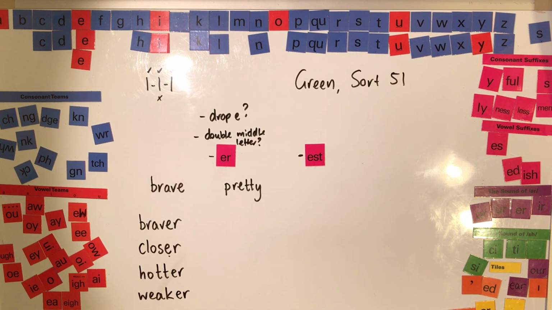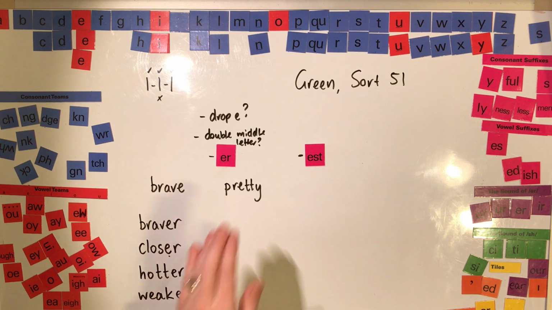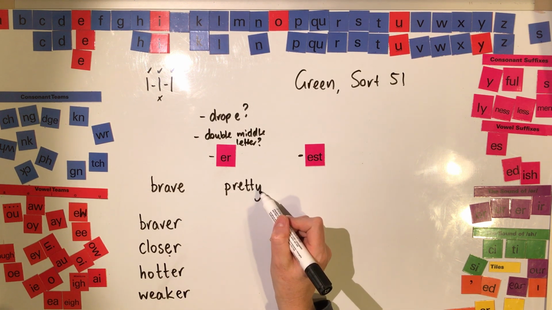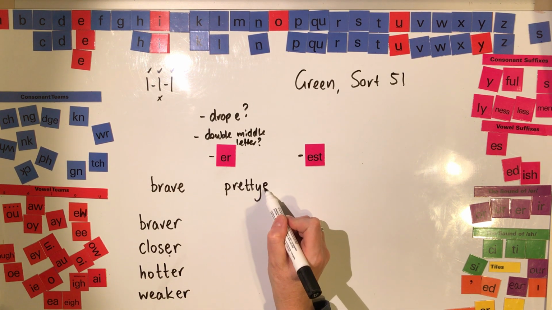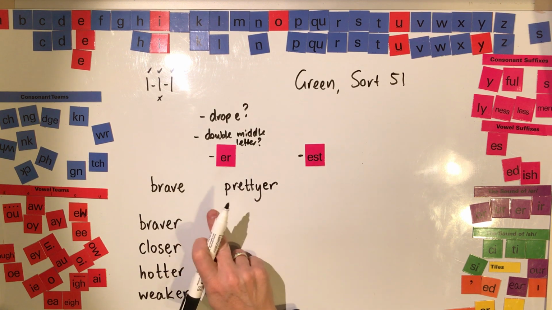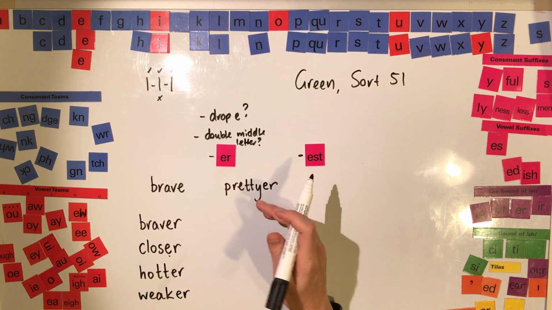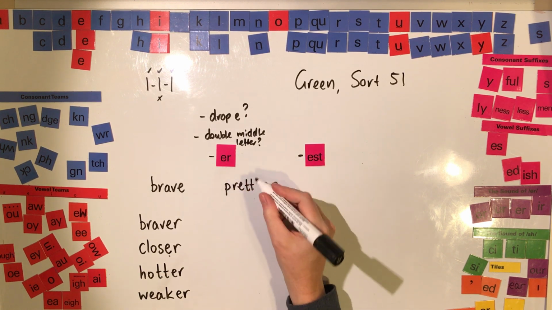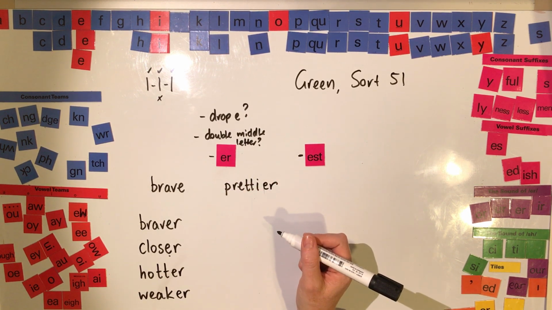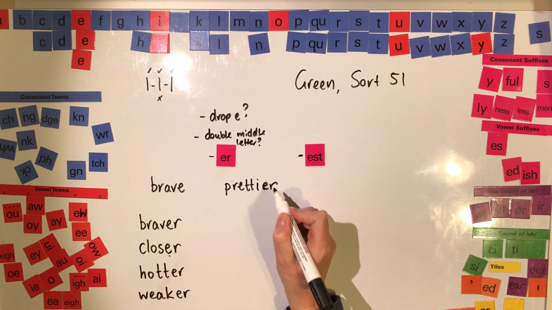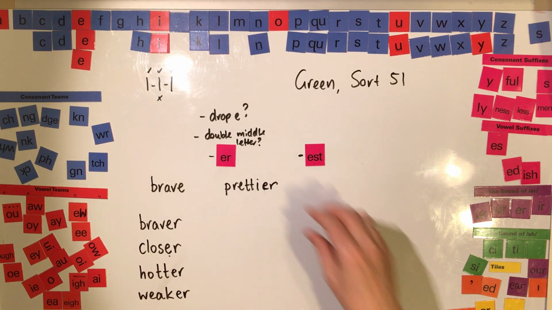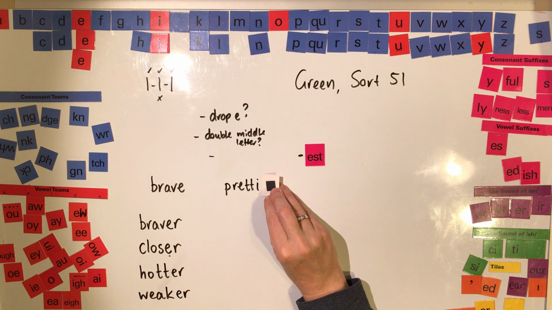Let's have a look at what you do if you have a word ending in y. So we want prettier. When we have a word that ends in y, when we bring in an ending of any kind, the y can go away and the i comes back. The only reason the y was there in the first place is because we cannot have an English word end in i.